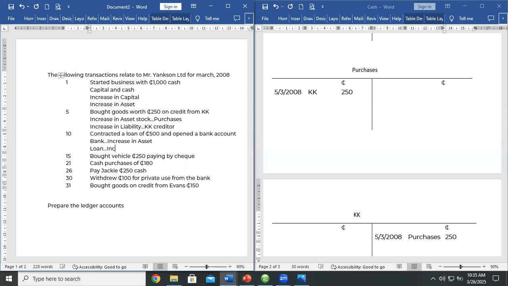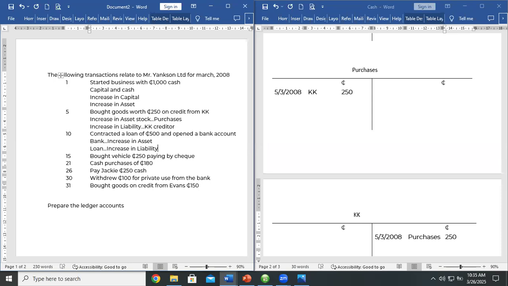Increase in liability. So anytime you see that the business is taking a loan from a bank or from any company, the two accounts that are obvious are the loan account and the bank, if the loan was put in a bank account. If the loan came in the form of cash, then the other account will be cash. Now, what do we debit and what do we credit?